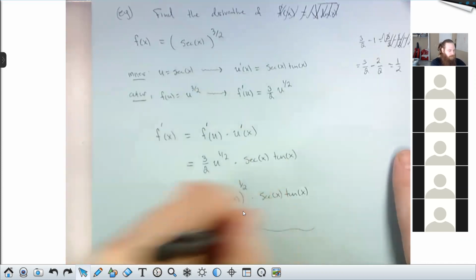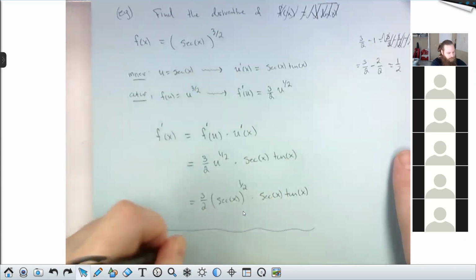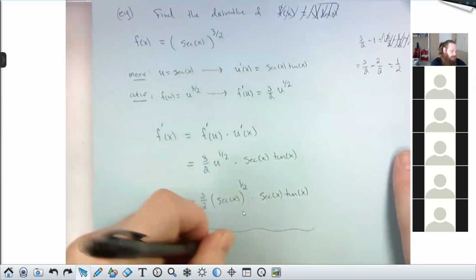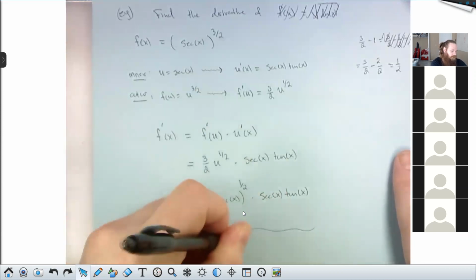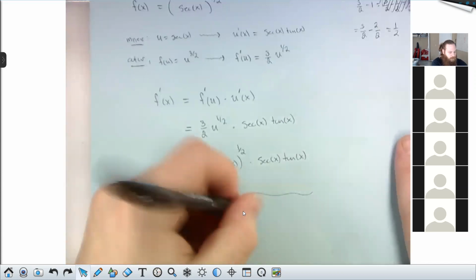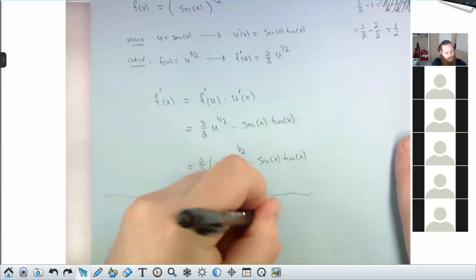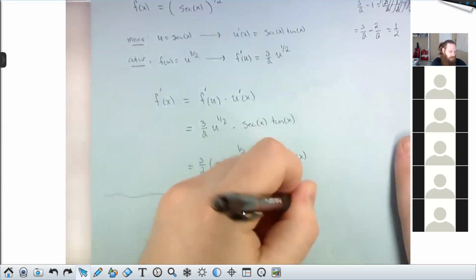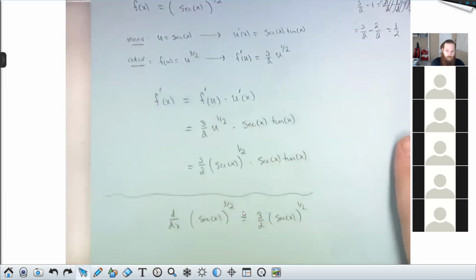So again, if I was doing this quickly, I would say d dx of secant x to the 3 halves. My outer function is the power, the 3 halves power. So I'm going to differentiate that, leaving the inside alone. There's the derivative of the outer function, right?